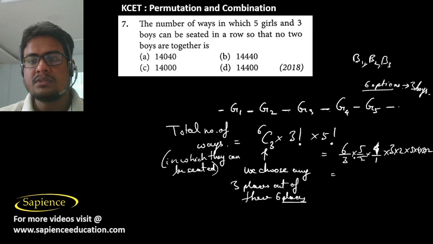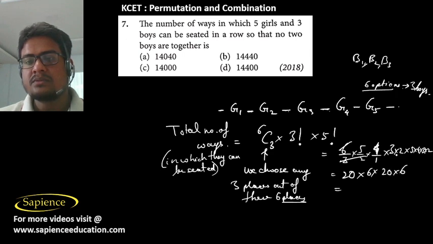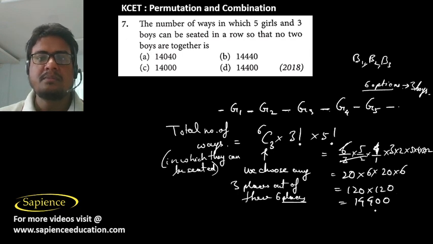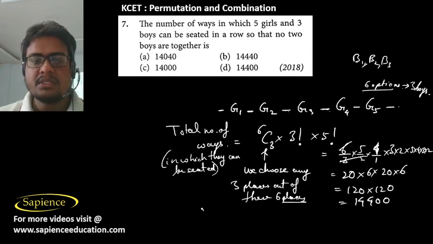So 3 2s are 6, then 5 4s are 20, 20 into 6, that is 120, 120 into 120. So 12 12s are 144, so it is 14,400. So option D is the correct answer.